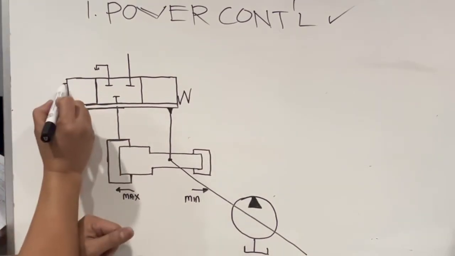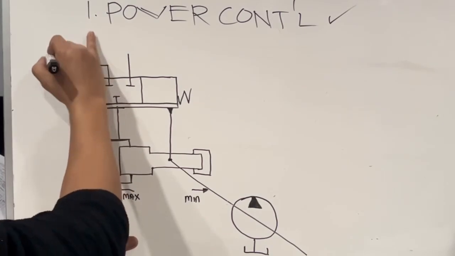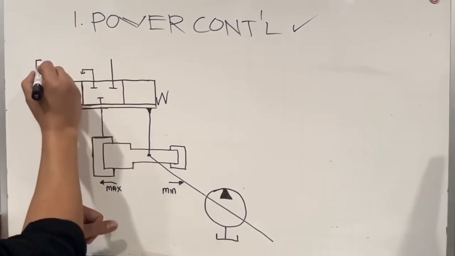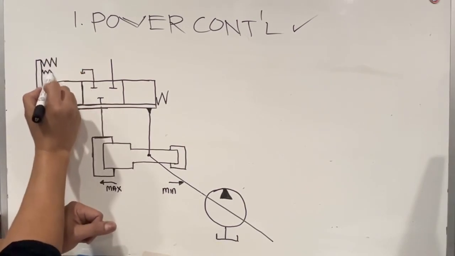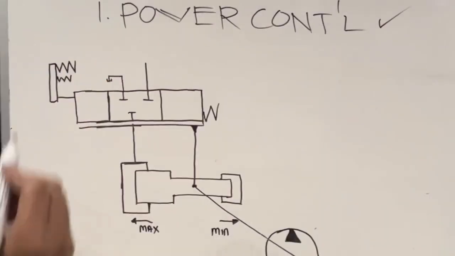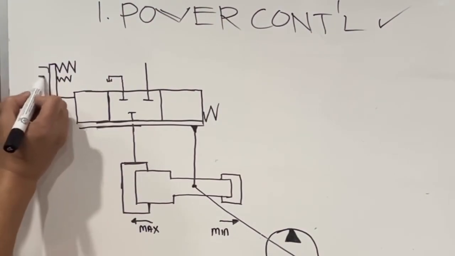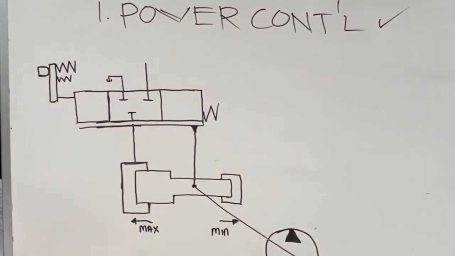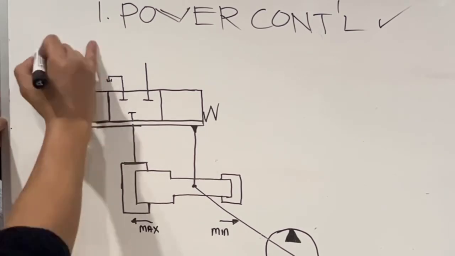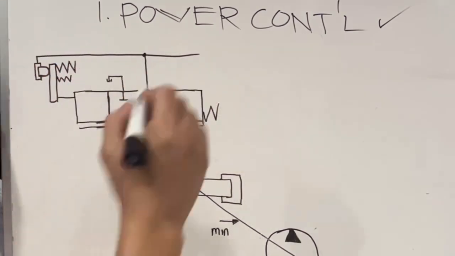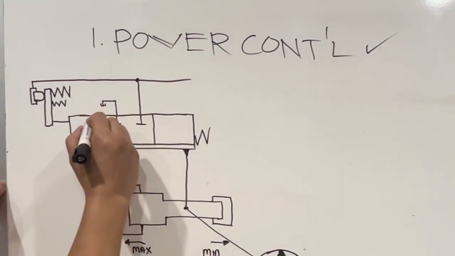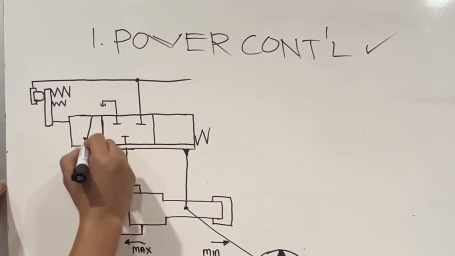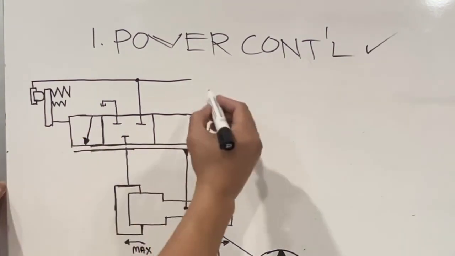Now this is your power lever. Okay, outer spring, inner spring, and then you have your power piston. So when this moves, it will go to minimum, so it will go like that. So make common this one.